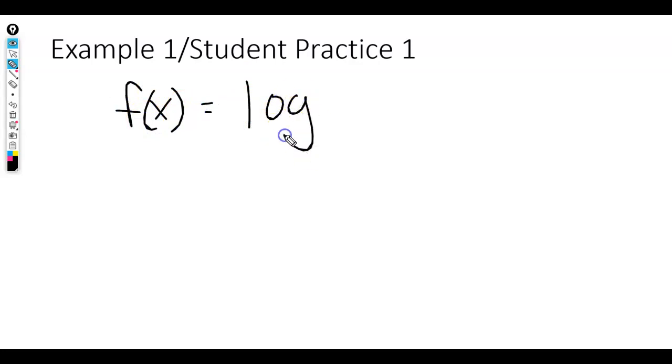of a log function. So let's say I had f of x is equal to log base 2 of 5x plus 10. Well, the argument 5x plus 10 has to be greater than 0.